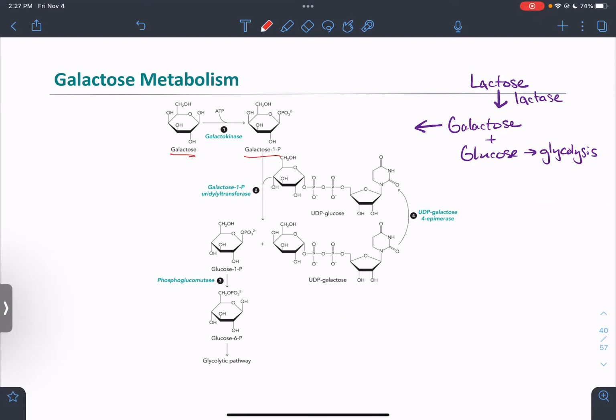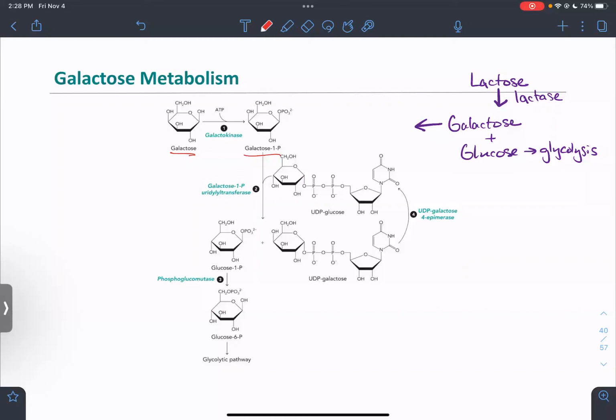Even though it is phosphorylated, we cannot use that in glycolysis. Our enzyme structure does not fit galactose, so we exchange it. We exchange galactose 1-phosphate for a molecule called UDP glucose.